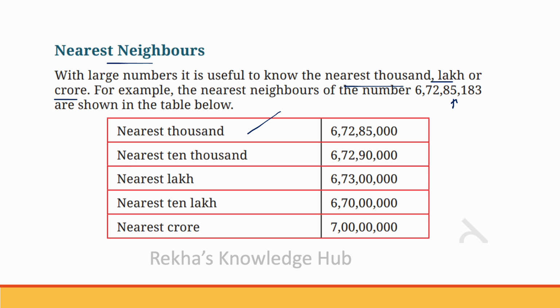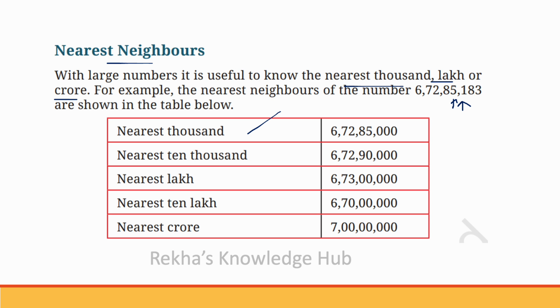Then look at the hundreds place digit, the digit on its right. If the hundreds place digit is more than or equal to 5, then add 1 to the thousands place digit, and all the digits to the right become zeros.